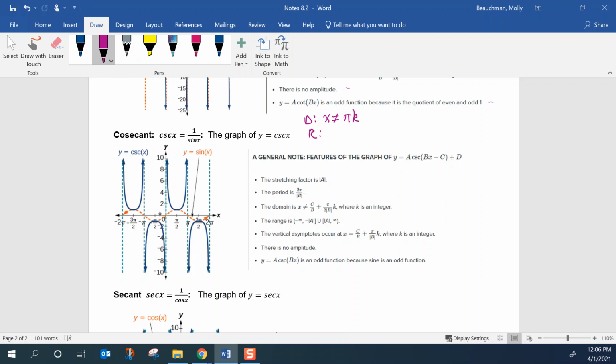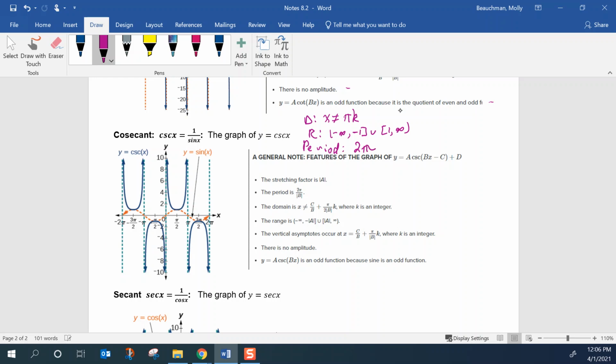The range, notice, does not include anything between -1 and 1. So the range is from negative infinity to -1, and then 1 to infinity. The period is the same as the period of the sine function. The period is still 2 pi.